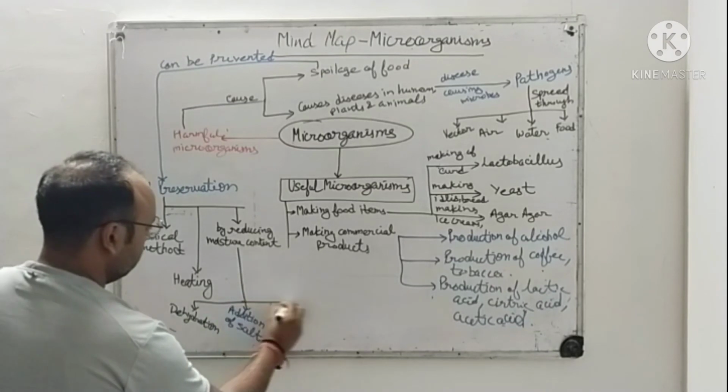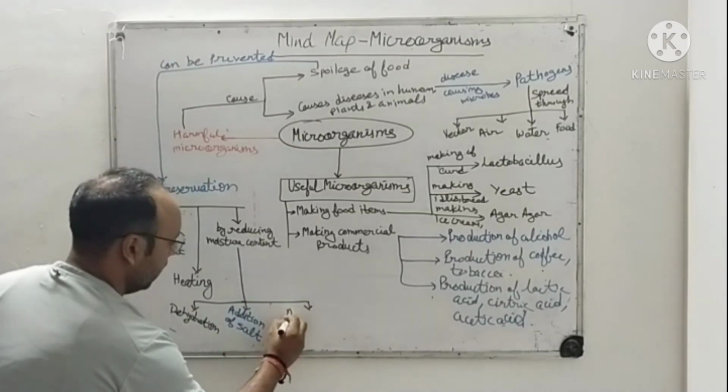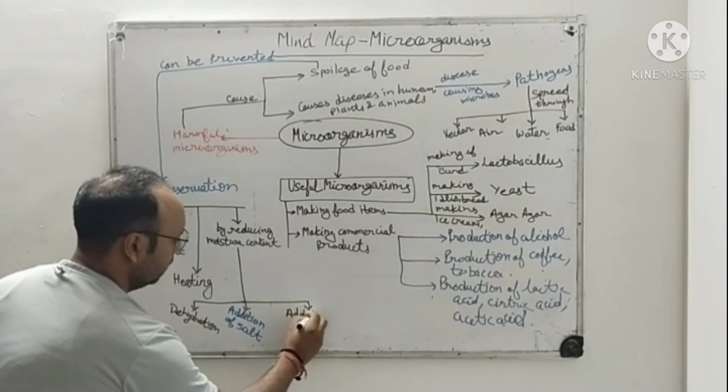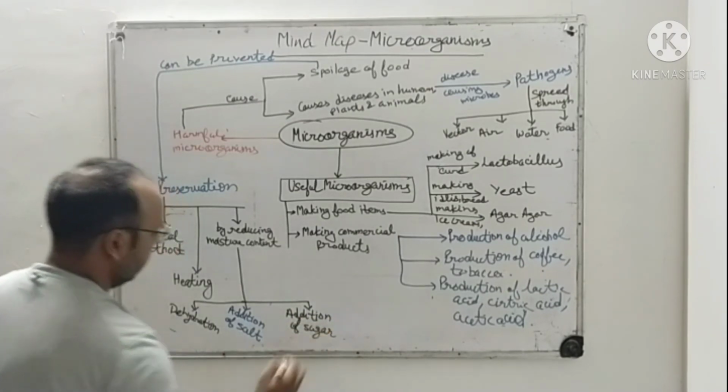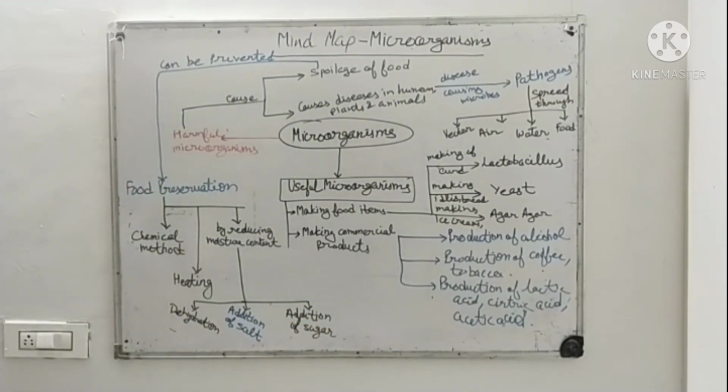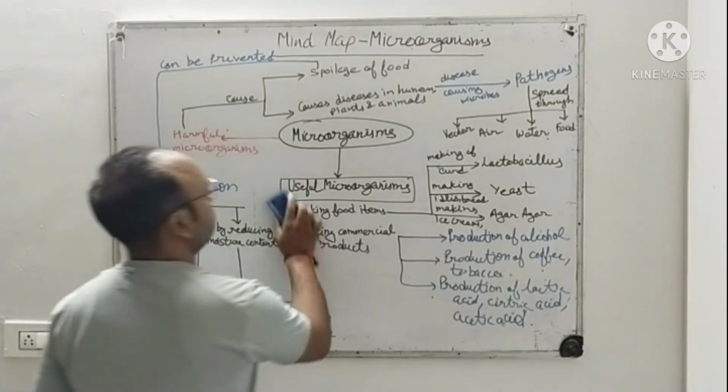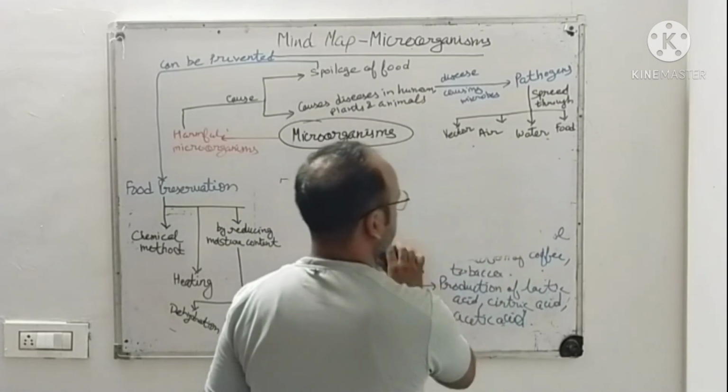Then I can also add sugar. If you take the example of addition of salt, like salting in amla, raw mango, tamarind, salting is done to protect them. And then addition of sugar, jams, jellies and squashes, these all are done to protect them. Okay, I am going to erase this.